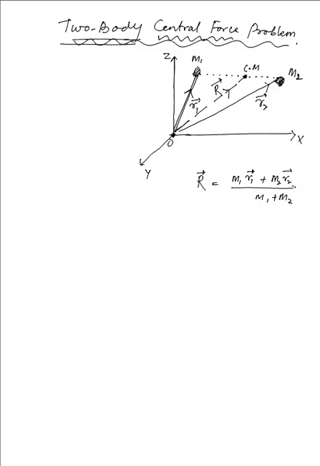From the figure, we can also have a relative position of the second mass with respect to the first mass. Let me take this vector as r vector. So r vector will be equal to r2 minus r1. How is that? You can use the triangle law: r1 plus r is equal to r2, so r2 minus r1 will give me r.